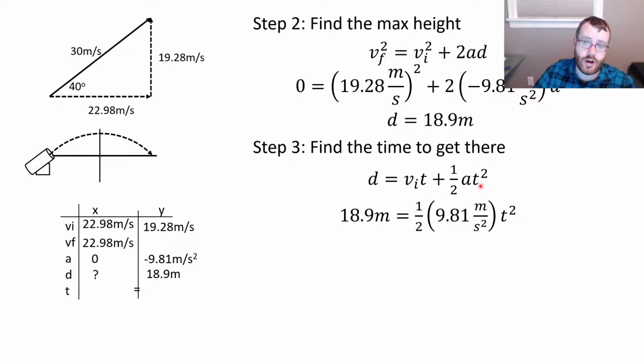I would have to use the quadratic formula to solve for this, and I don't want to do that. So to avoid that, I'm just going to use the second half of the motion. I get the same exact answer, but it's with much less work. The other thing is you'll notice I kept both positive. That's because the 18.9 meters in the second half is going down, and the 9.81 in the second half is going down. They're in the same direction, so I don't need to put any negatives.